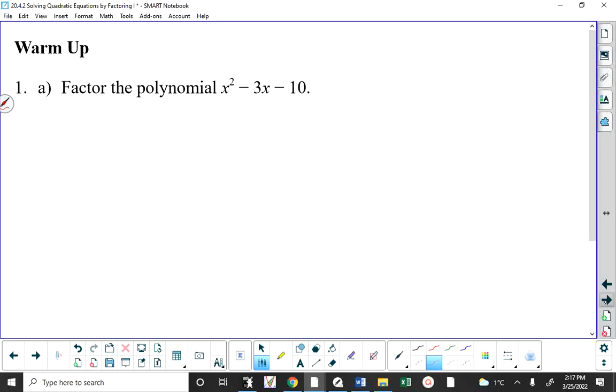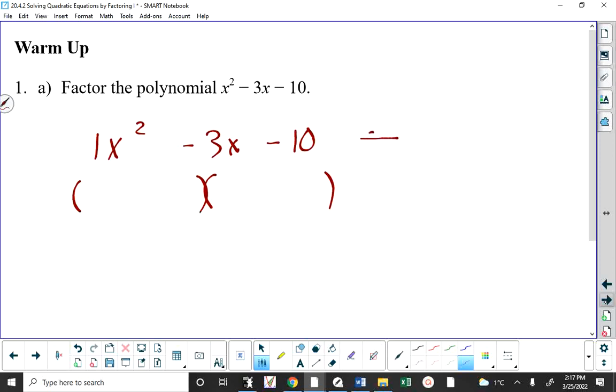It's a fundamental skill. So when we factor a polynomial of the form 1x squared plus bx plus c, you learn there's a rule. And that's that if this is factorable, it factors into two binomials. This is a trinomial.